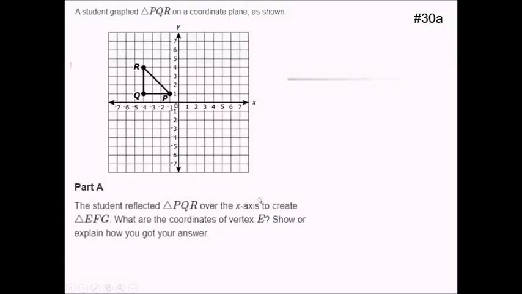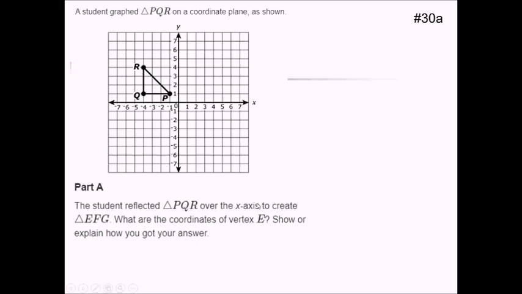For this problem, we have triangle PQR on the graph here. And part A, a student reflects this triangle over the x-axis to create another triangle, EFG. We want the coordinates of vertex E. So I'm just going to figure out where E went, and I'm not going to worry about the rest of the triangle because that's all they care about here.